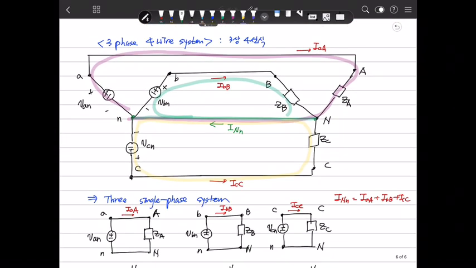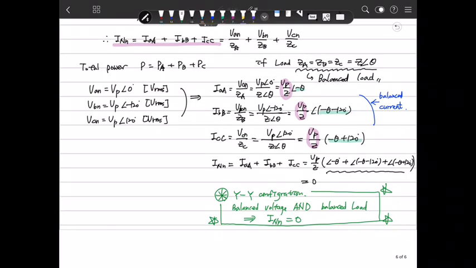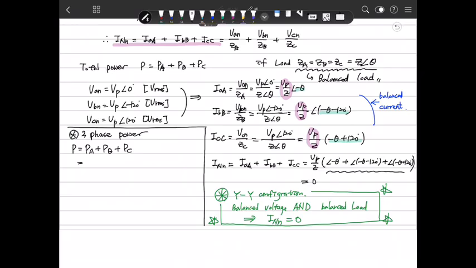How about the power? We need to calculate the power here. P is PA plus PB plus PC. PA is the voltage times the current.